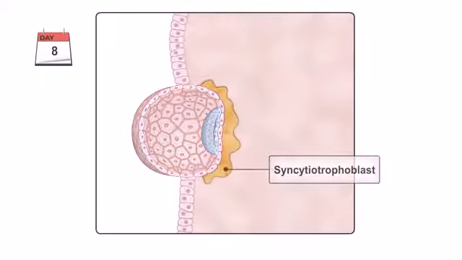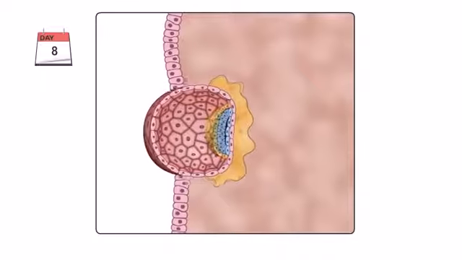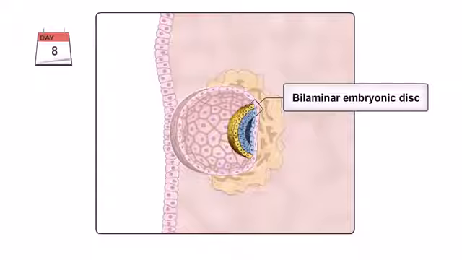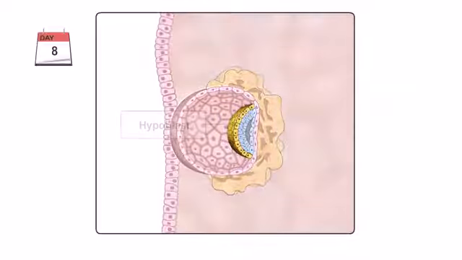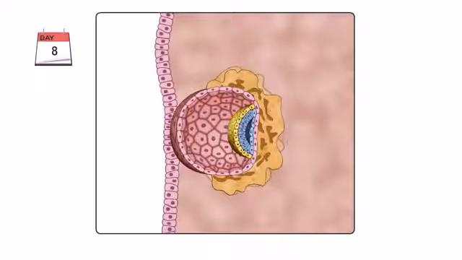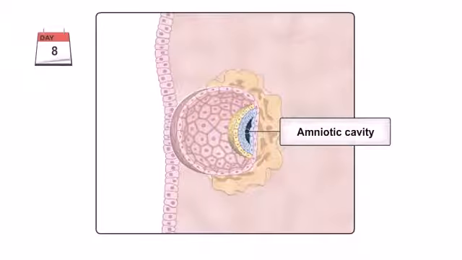an outer syncytiotrophoblast. The embryoblast differentiates into a bilaminar embryonic disc composed of two cell layers, the hypoblast and the epiblast. Soon after the embryonic disc has formed, a cavity begins to appear between the epiblast and the cytotrophoblast, known as the amniotic cavity.